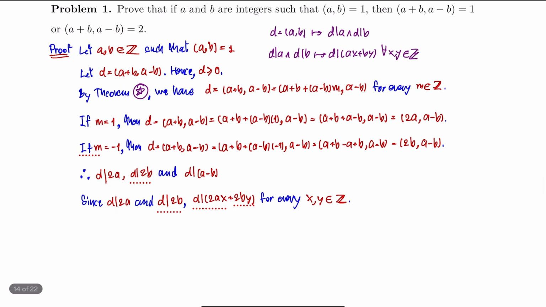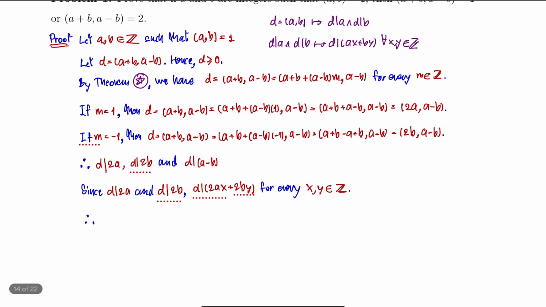Okay, so what do we have? Let me think of this. We gotta have d less than or equal to the dividend, right? Okay, it's got to be less than or equal to 2ax plus 2by.